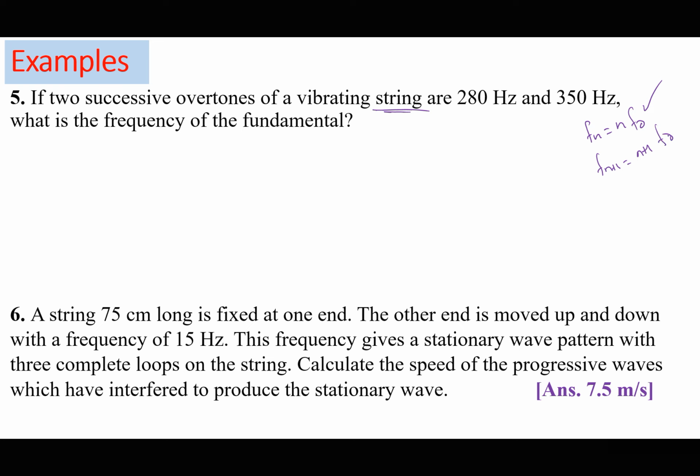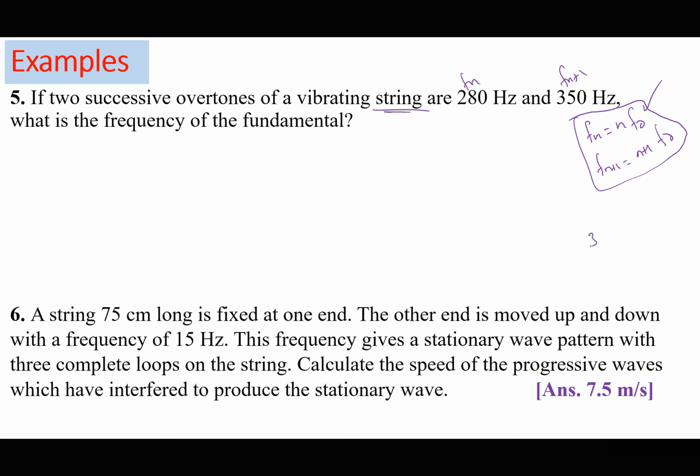So what is the frequency of the fundamental? I have just to combine these two equations. I can say the difference in frequency, if I subtract these two equations. Let this be Fn, and let this be Fn plus 1.